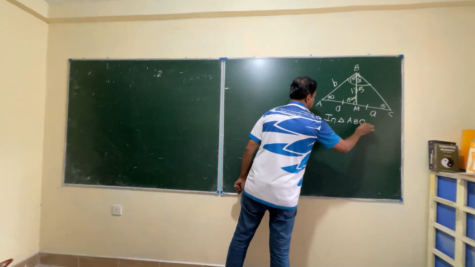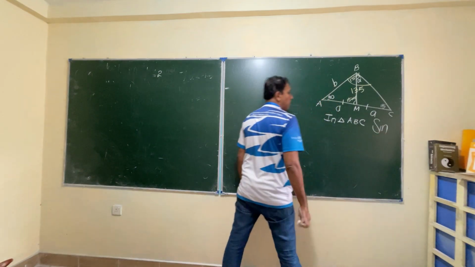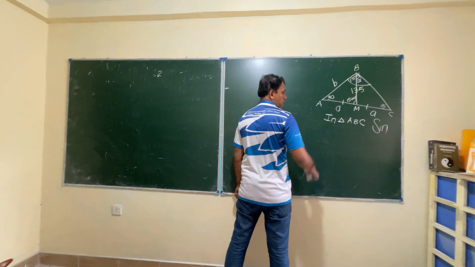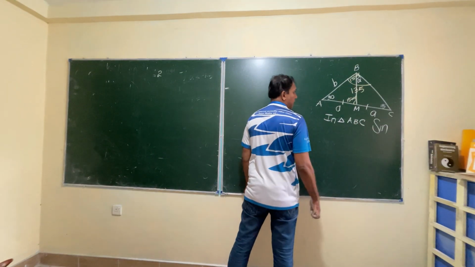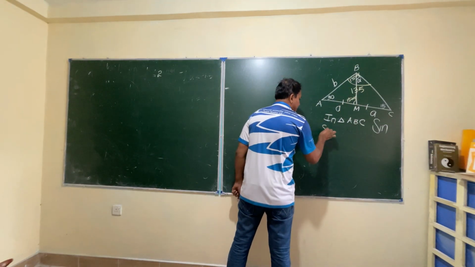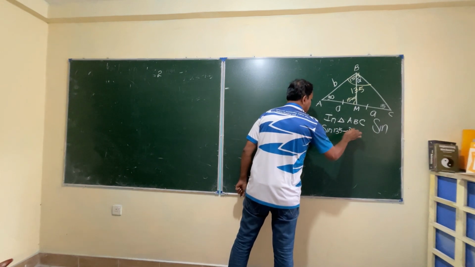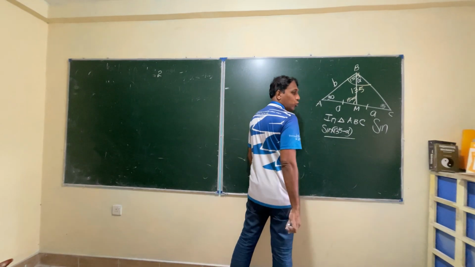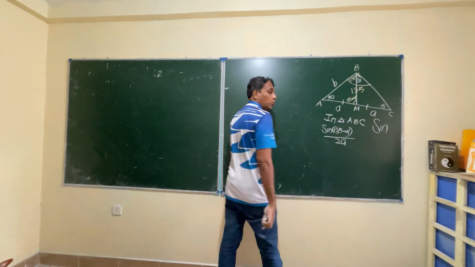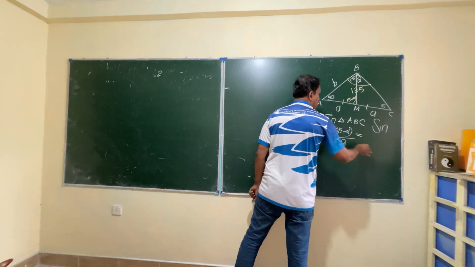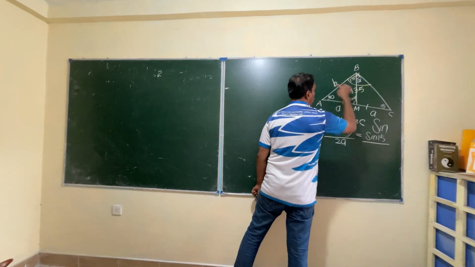Opposite the 2a angle here, can I write sine of 135 minus alpha over 2a equals sine 15 degrees over b?